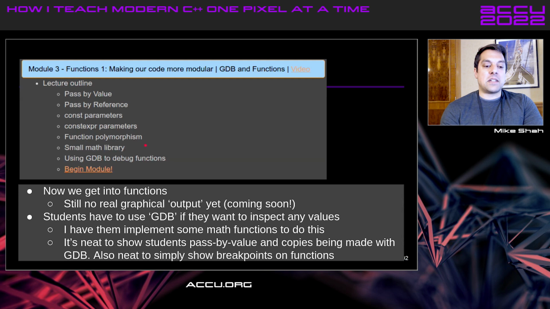Overall, they're building maybe a small math library here. And I'm trying to expose to them what happens with pass by value. I can show them in GDB things like different memory addresses. I'm teaching pass by reference early, before pass by pointer, which would also fall under pass by value, just to give them some ideas of what's going on here with functions in C++.